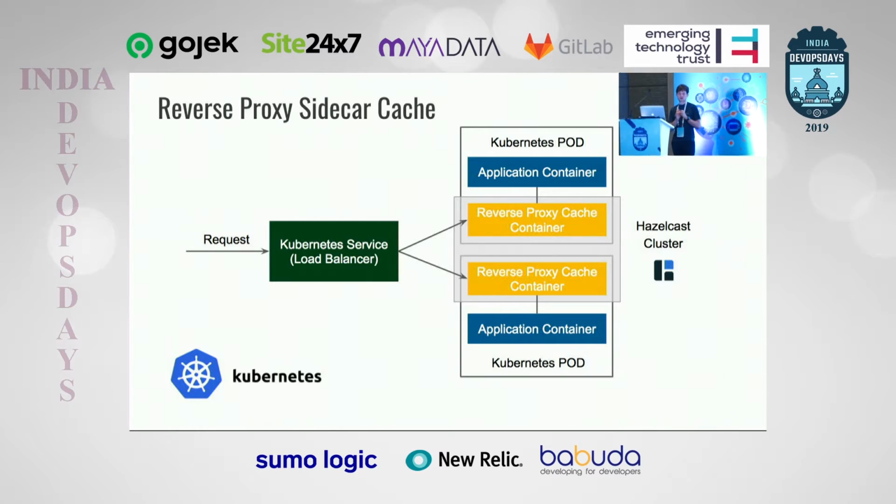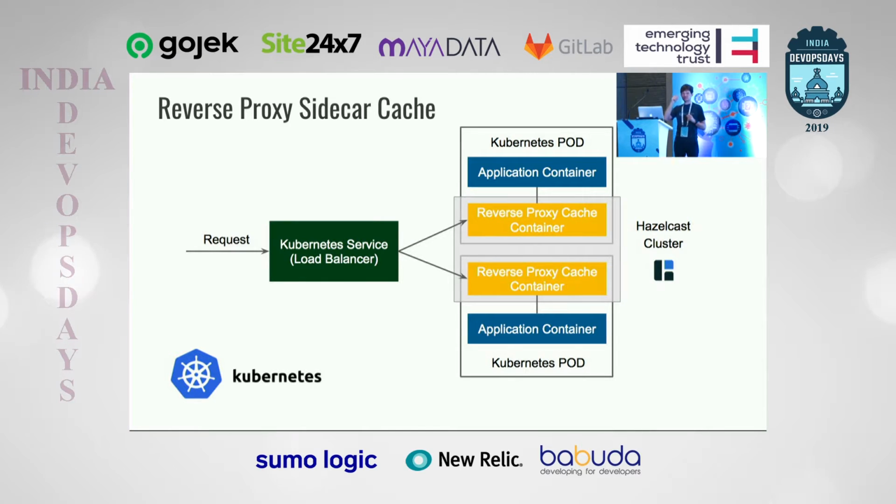Now it works as follows. A request comes to our system. The Kubernetes service load balances the request to one of the pods. However, this time in the pod it is not the application that receives the request. It's the container with the cache, the reverse proxy cache container. And this container decides: should I return the cached value or forward the request to the application?